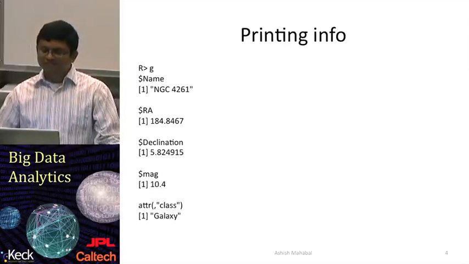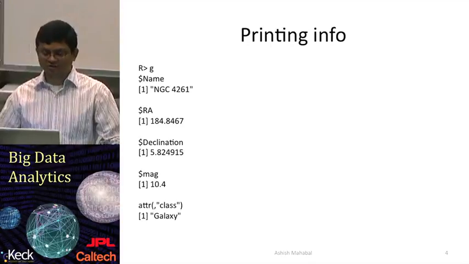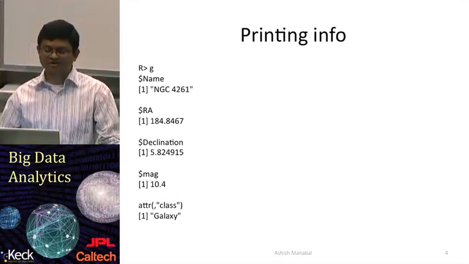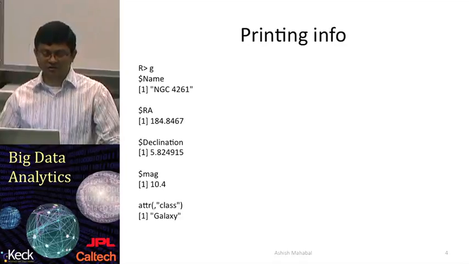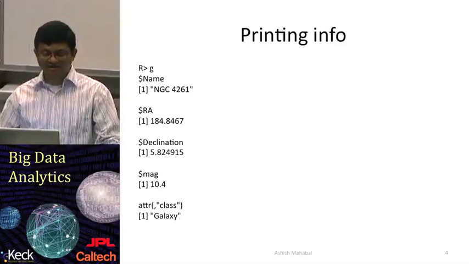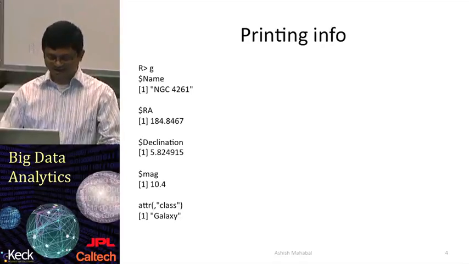And then you can print info about that particular object. So if you were to simply say g, which is equivalent to, say, print g, then it will tell you that the name that is available is NGC4261, the RA value is given there, the declination value is given there, and the magnitude is given there, and that the attribute of the class is galaxy.